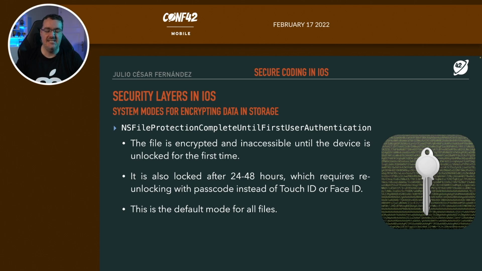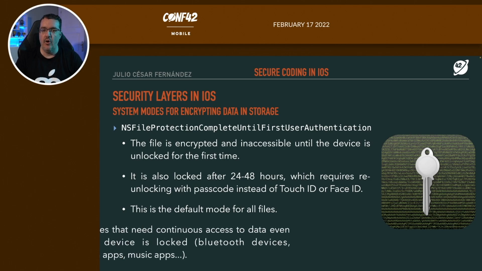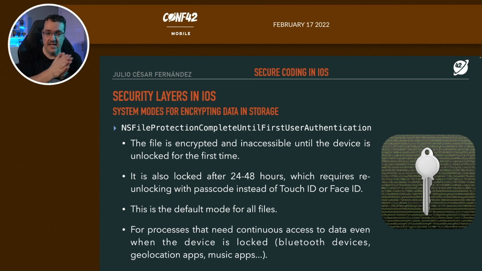Like I said, this is the default mode for all the files, and it's a mode that allows access to the files even when the device is locked, okay? But you must put in the first passcode at the beginning.